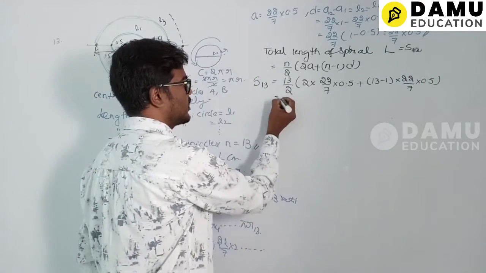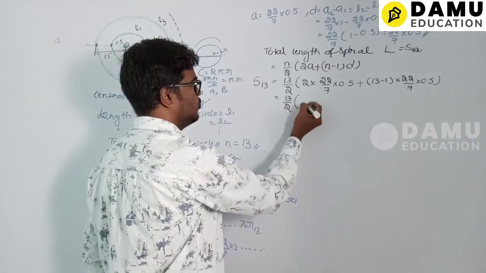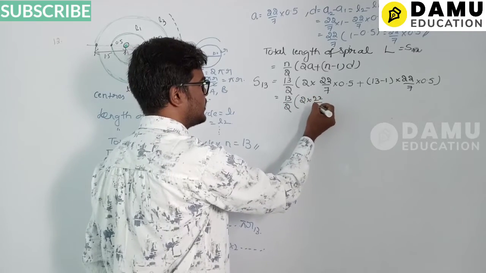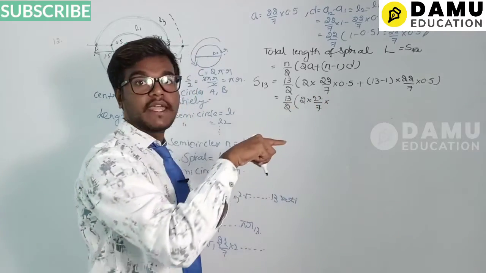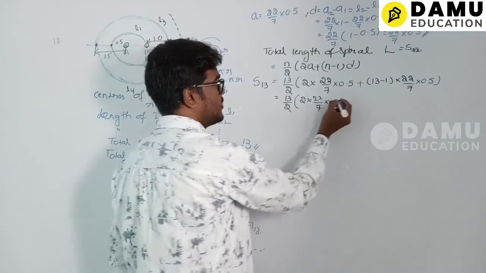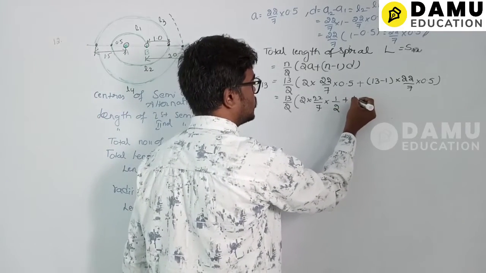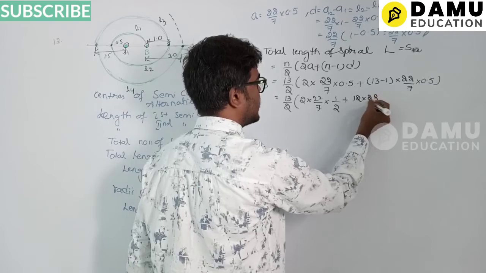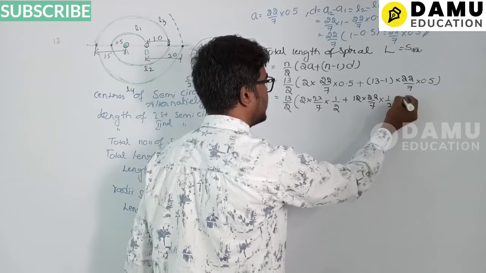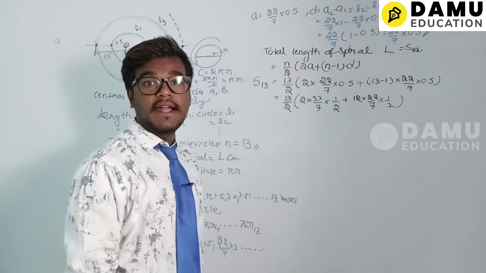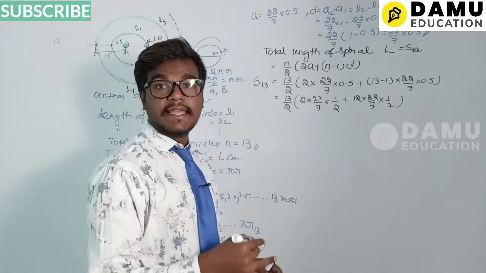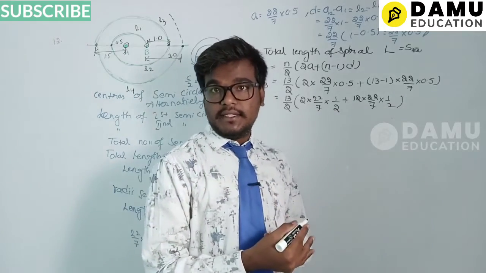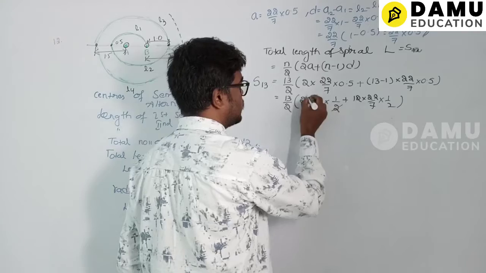So 0.5 you can write as 13 by 2 into 2 into 22 by 7 into 1 by 2. Can you write it as it is or not? 1 by 2 you can write as it is. So 12 into 22 by 7 into 1 by 2. Can you write like this or not? 1 by 2 is nothing but 0.5. So for our easy calculations, we are writing like that. So the 2 will cancel here.